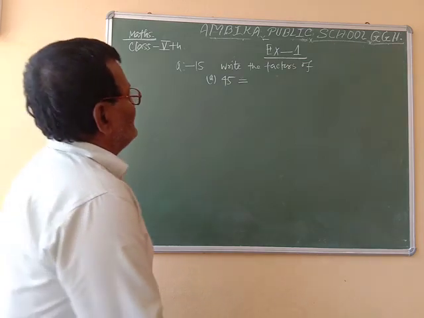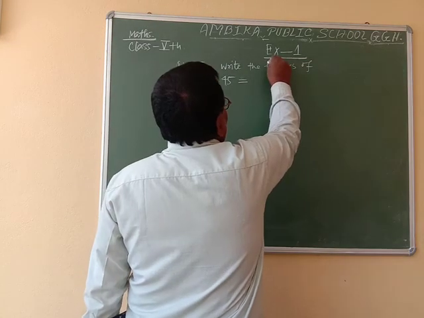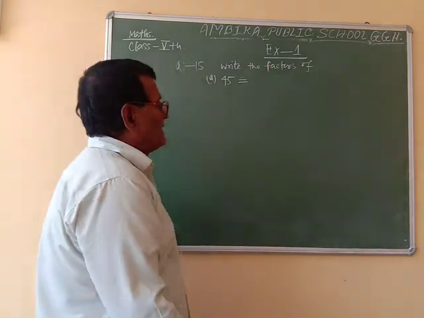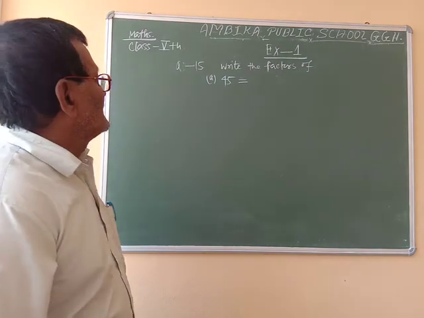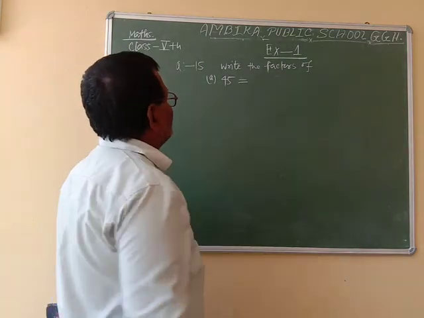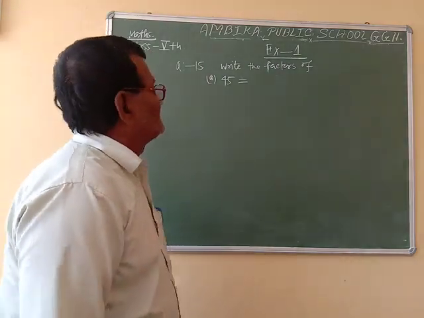The definition of factor is: the factor of a number is an exact divisor of that number. We have to find the factors of 45.